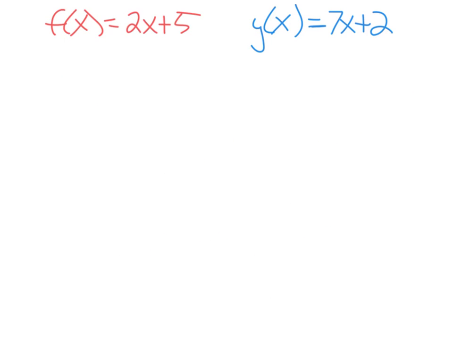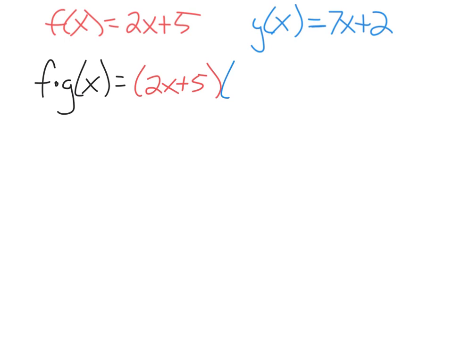This next one is f times g of x. And so it's exactly what it sounds like. But again, I'm going to use the parentheses. I'm going to set it up. And don't make mistakes just because you don't like writing things out.